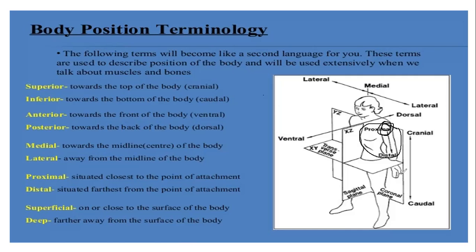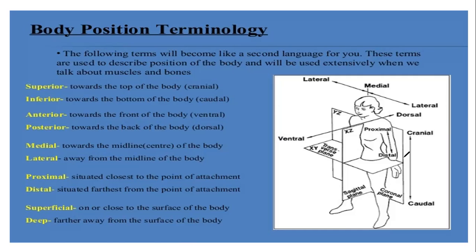The distal end is here. Take a look at the arrows. Proximal is pointing upwards. Distal is pointing down towards the hand. So again, proximal, closer to the point of attachment, and distal, further away from the point of attachment.